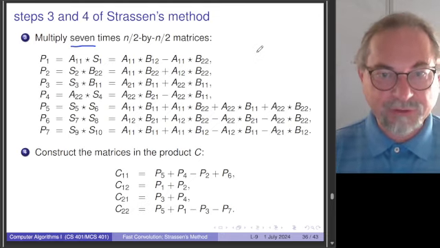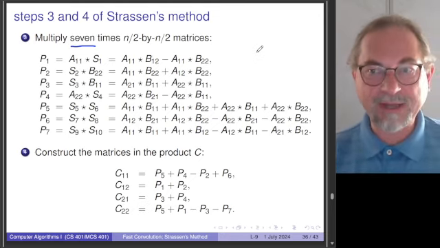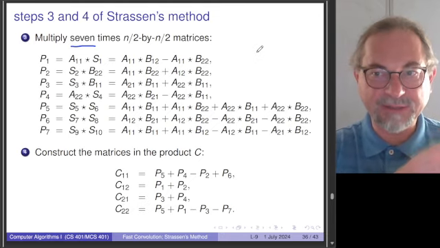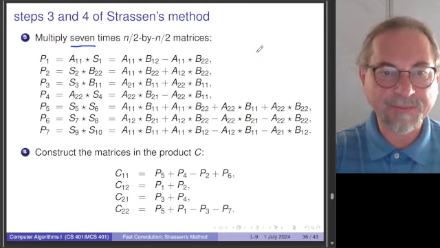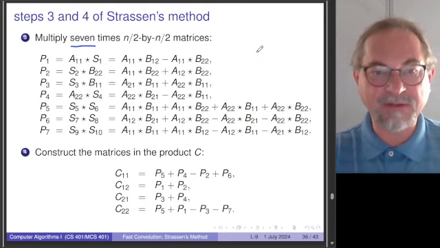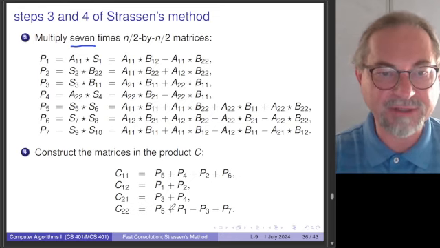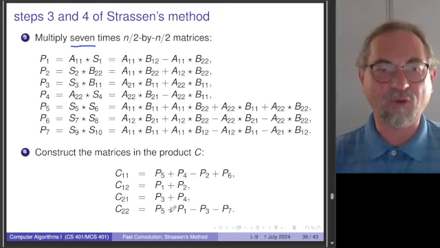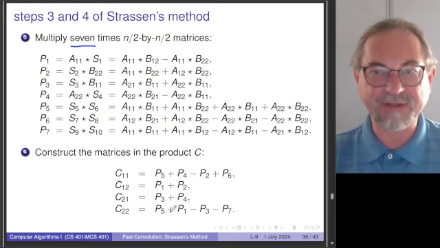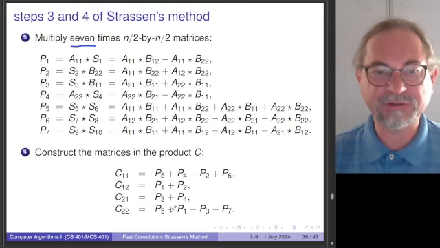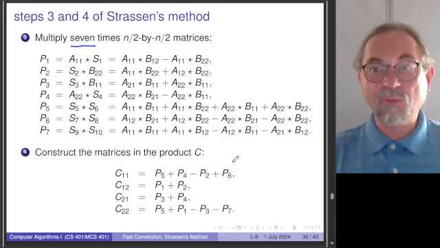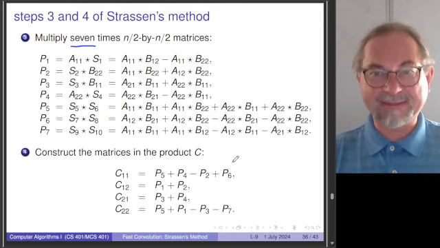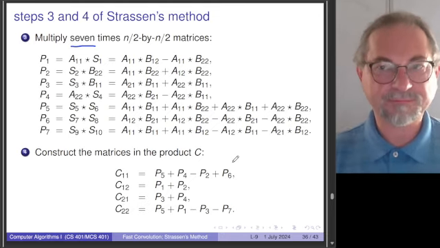Then there is another construction step. So we had already the 10 steps to make the submatrices. We need then, here you see, to formulate the 4 submatrices in the product. We need 4 additions, actually 5 additions and 3 subtractions, which is again big Theta of n².